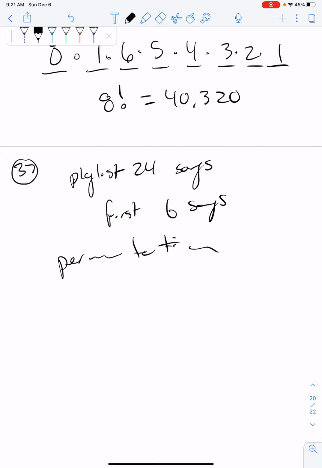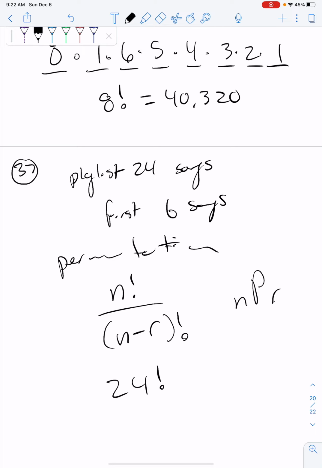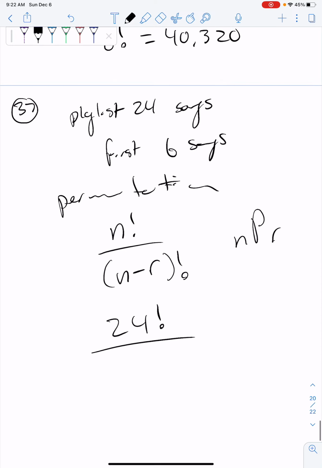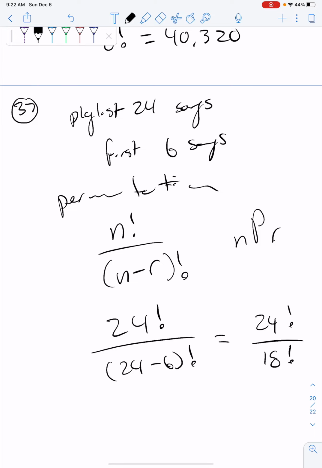These numbers are really big. So for permutation, n factorial over n minus r factorial, or you can use nPr. So I've got 24 songs, and I'm going to pick 6 of them. So that becomes 24 factorial over 18 factorial.